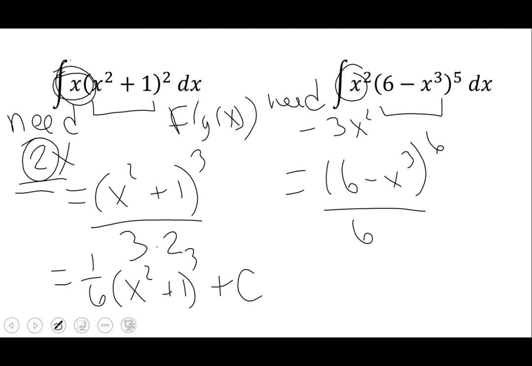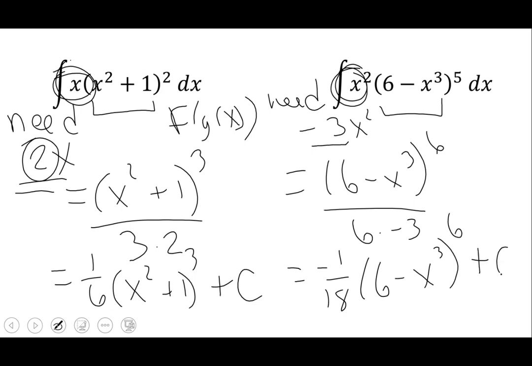And then because you needed a negative 3x squared, but you only had a positive x squared, you're going to have to add in a negative 3 in the denominator.